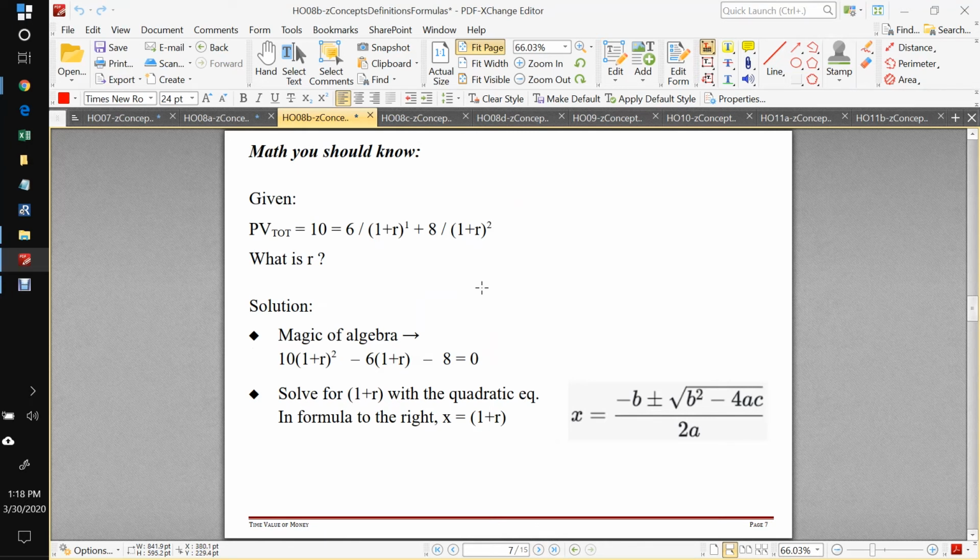Okay, some math that we should know. If we have a PV tote situation like this, where the PV tote is 10, which is equal to 6 over 1 plus r plus 8 over 1 plus r squared, we can multiply both sides by 1 plus r squared and get something that looks like this.